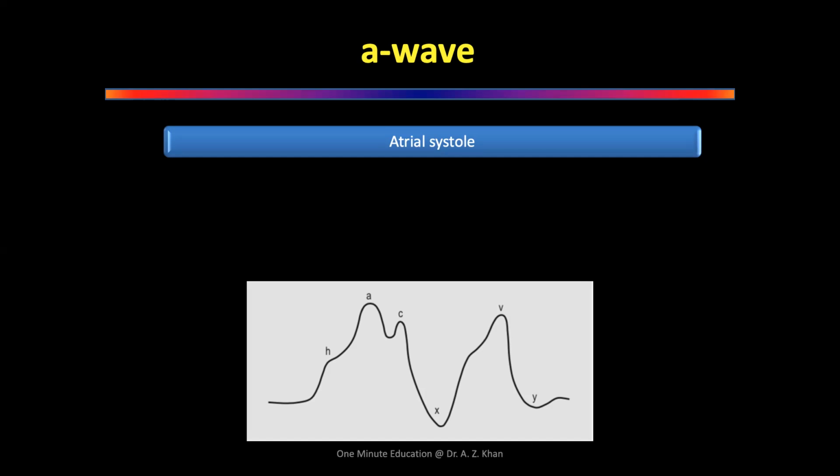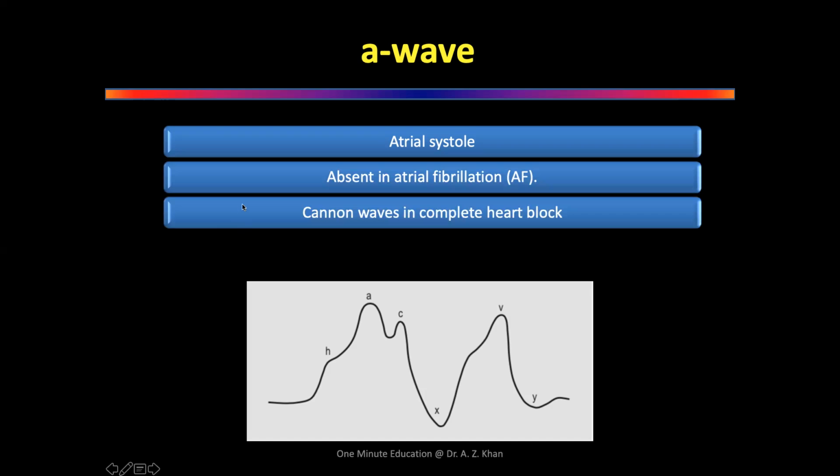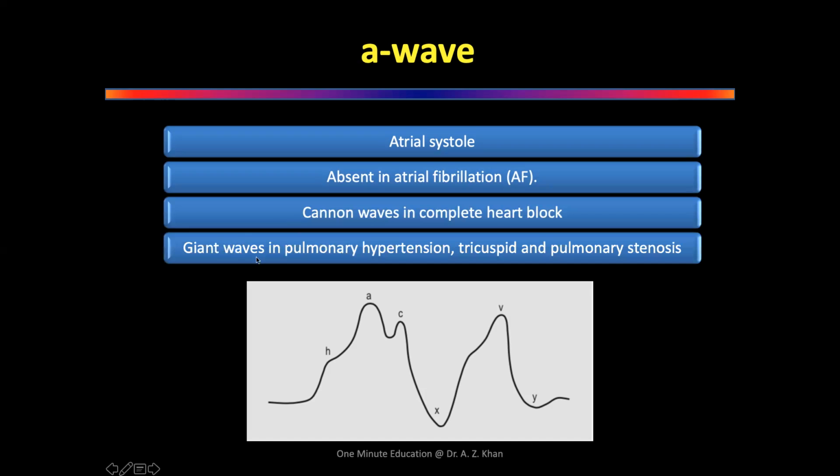Atrial fibrillation. Good. Well done. When do you get cannon A waves? Complete heart block is the commonest cause. And then, of course, in stenosis you get giant waves: giant waves in tricuspid stenosis, pulmonary stenosis and pulmonary hypertension.